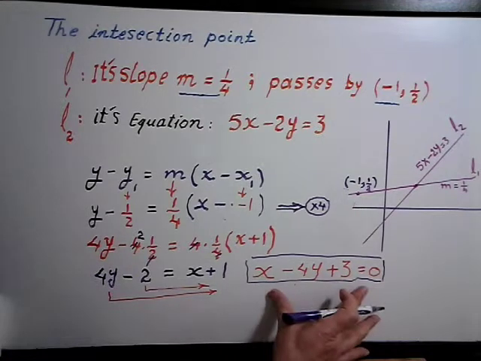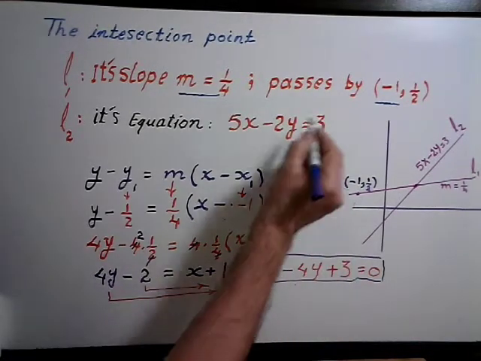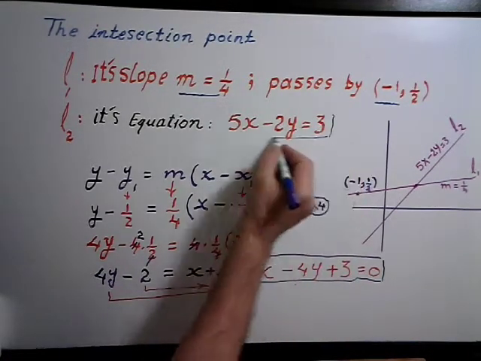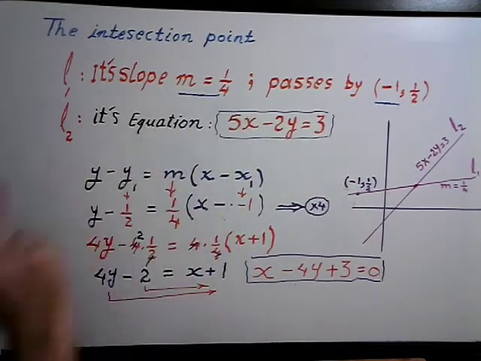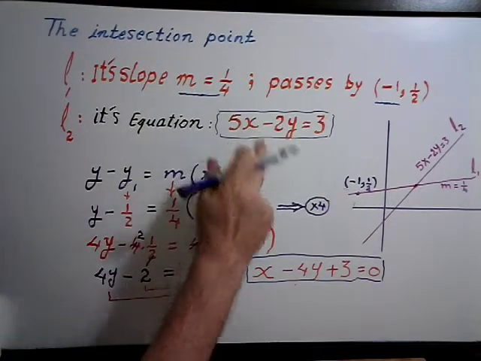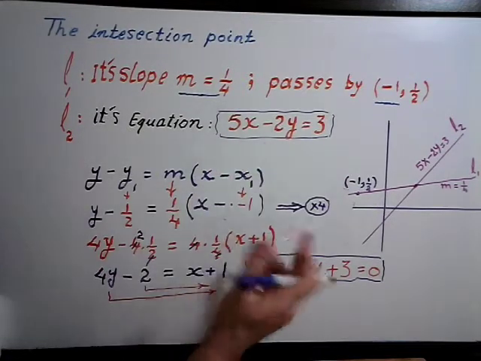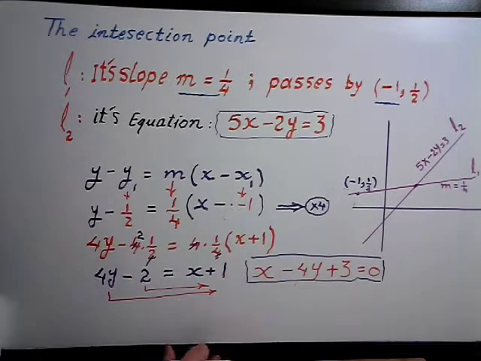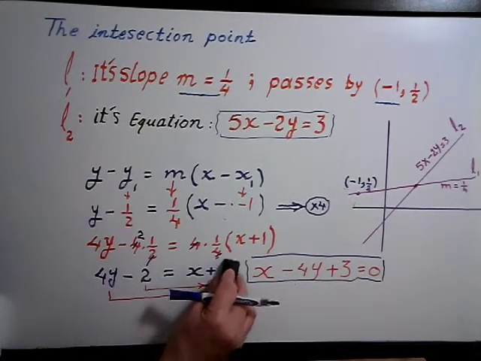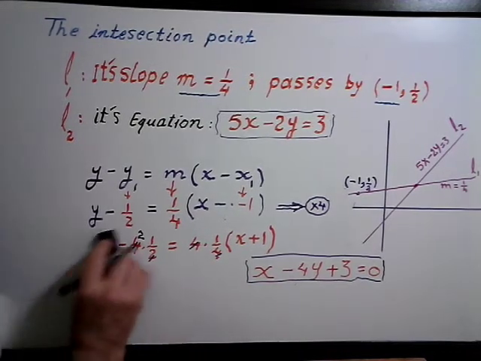After we got this equation, we solve it with the equation of L2, which is given in the question. By solving these two equations together, we can find the values of x and y, which is the intersection point.